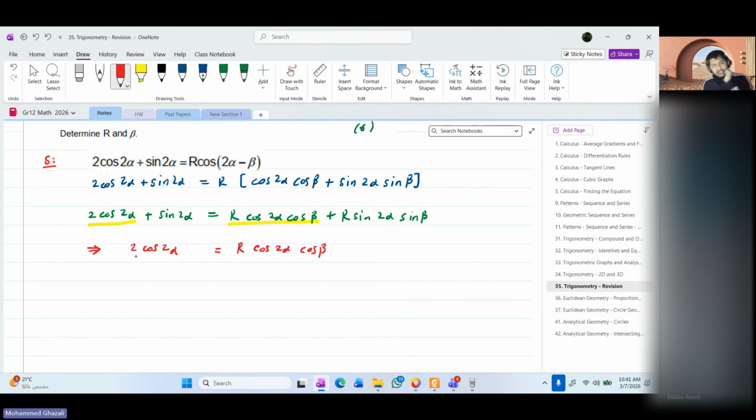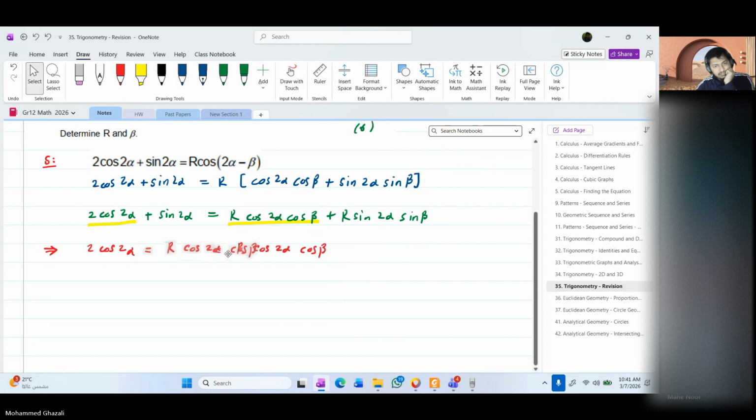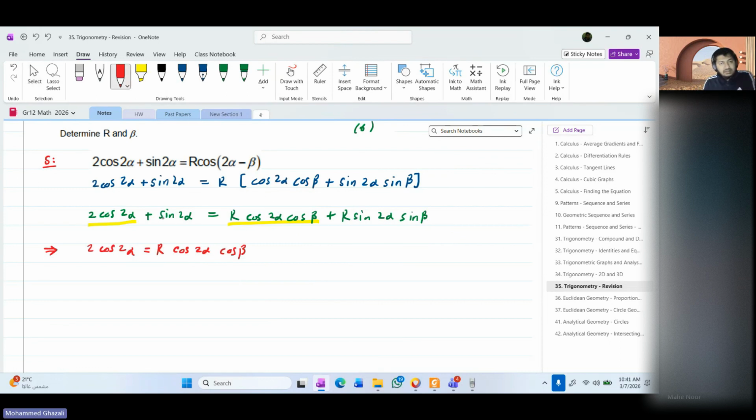If you divide both sides by cos 2 alpha, you will get 2 is equal to R cos beta.